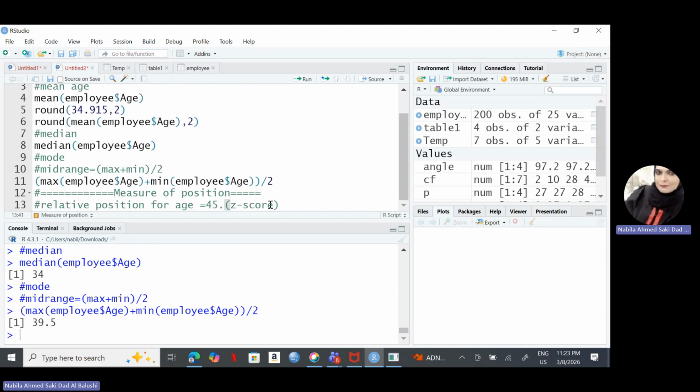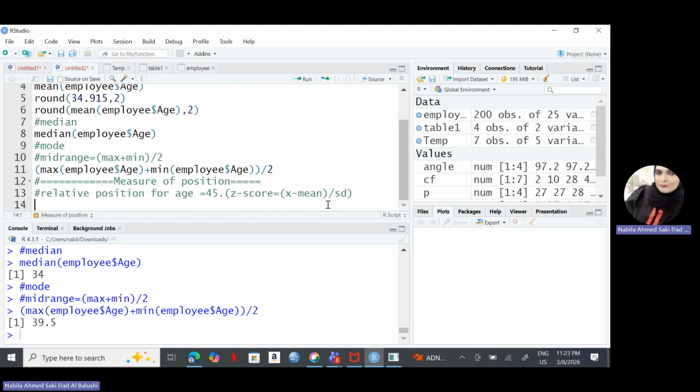We know the formula for z-score is equal to x minus mean, divided by standard deviation. So we are going to apply the same formula here. Open a bracket.